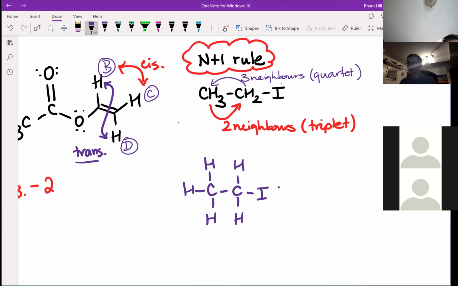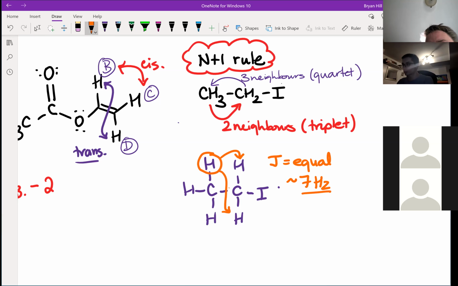If I'm doing a bad job of explaining this, when this proton is coupled to this proton and when it's coupled to this proton, the coupling constant, the J, is equal because there's free rotation around the sigma bond between the two carbons.